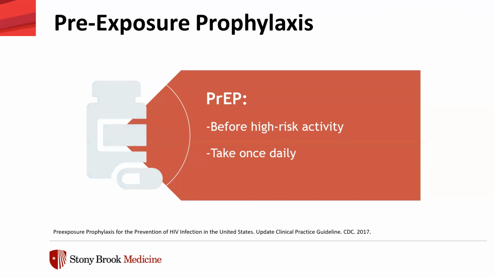Does anyone know what those 2 regimens are? And they are regimens that we talked about earlier in the presentation. Exactly. So Truvada and Descovy are the 2 PrEP medications that are currently FDA approved.